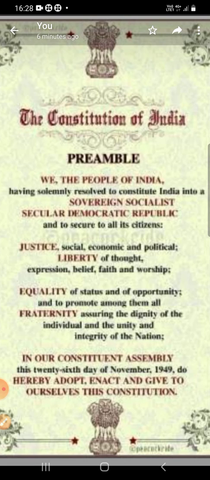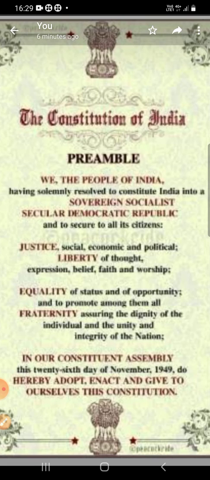We, the people of India, having solemnly resolved to constitute India into a sovereign, socialist, secular, democratic republic and secure to all its citizens: Justice, social, economic, and political; Liberty of thought, expression, belief, faith, and worship; Equality of status and of opportunity; and to promote among them all fraternity, assuring the dignity of the individual and the unity and integrity of the nation.